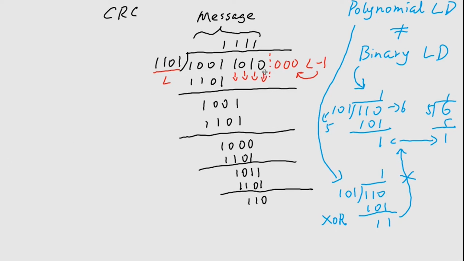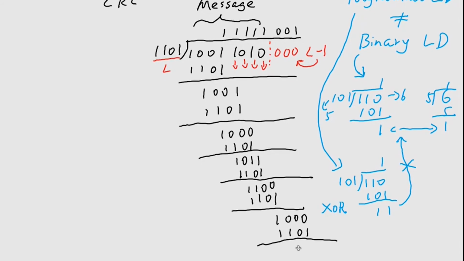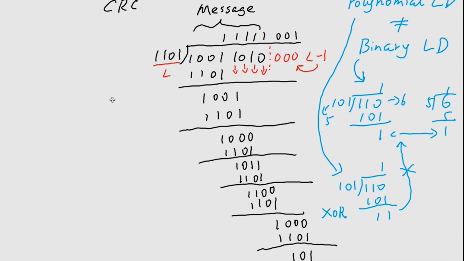Add a 0 here, 1 1 0 0. So here we get a 1 1 0 1, which will be 1, and add all this 3 0 here. So we need one more division, which will be 1 0 1. This will be the remainder for the CRC.